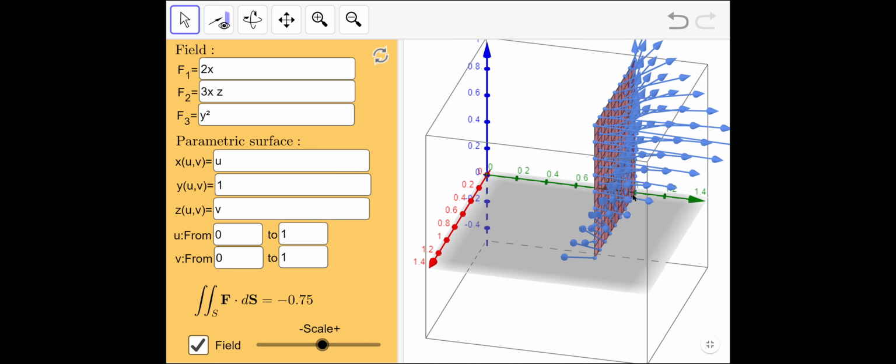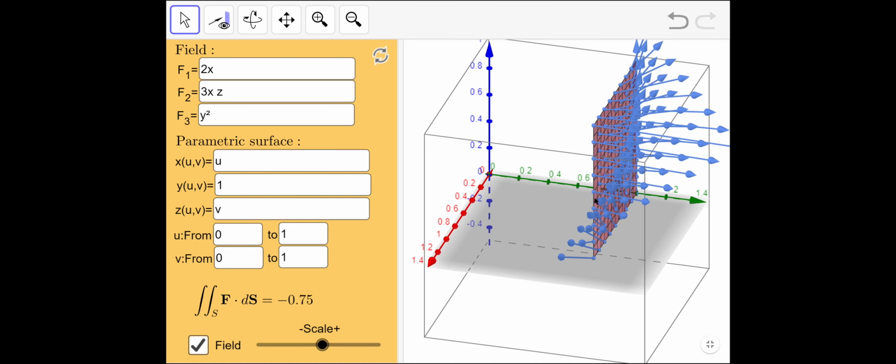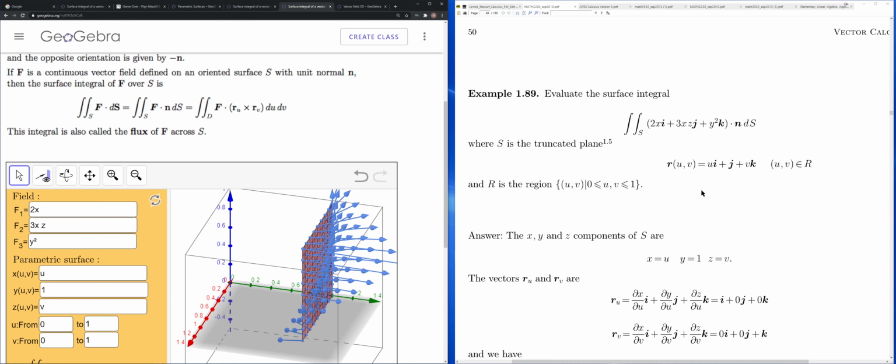It might be natural to say the orientation is just in the y direction, but you need to specify that somehow. This integral specifies an orientation, but it may not specify the orientation that you want, and we're going to see that now.